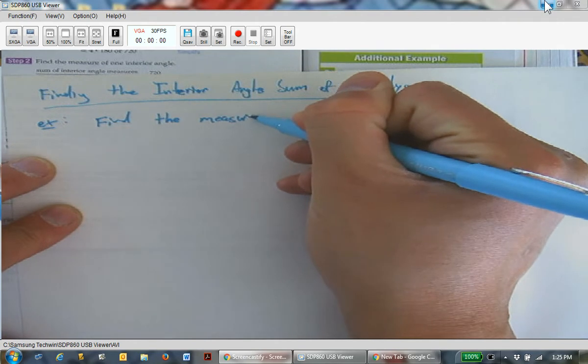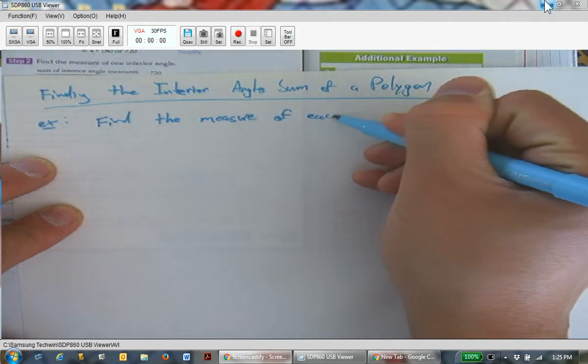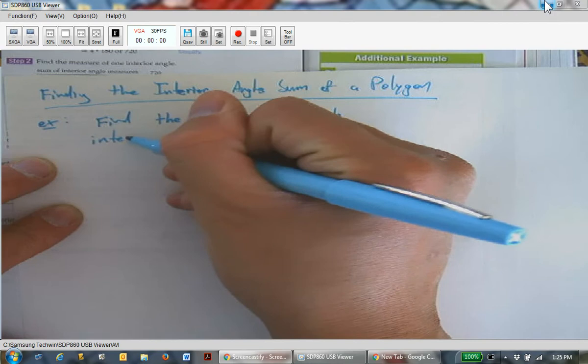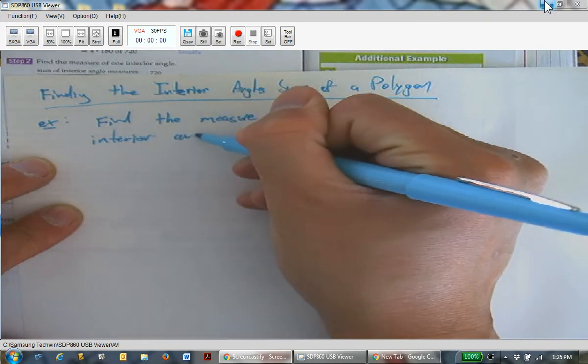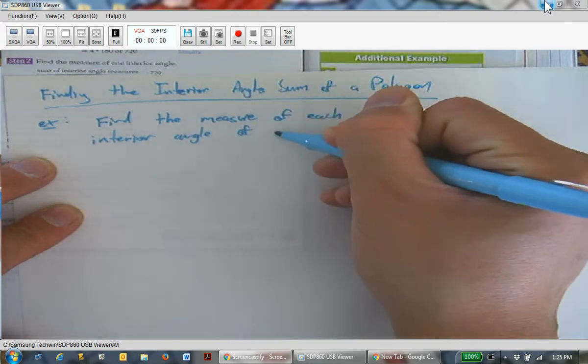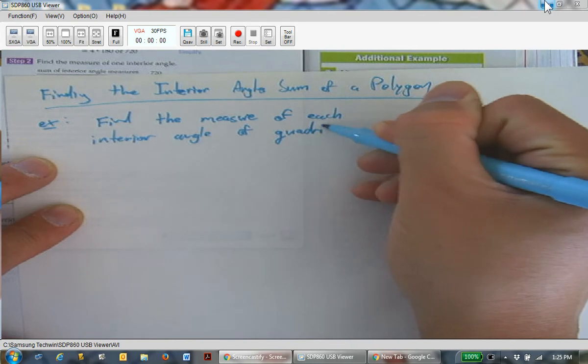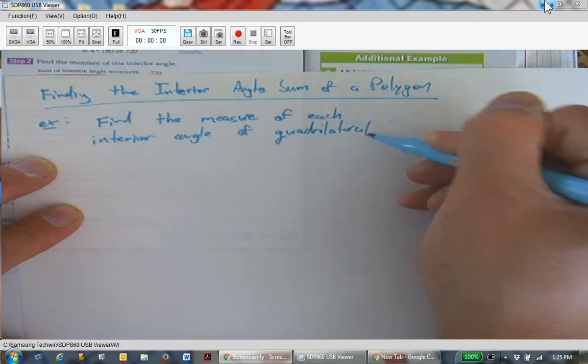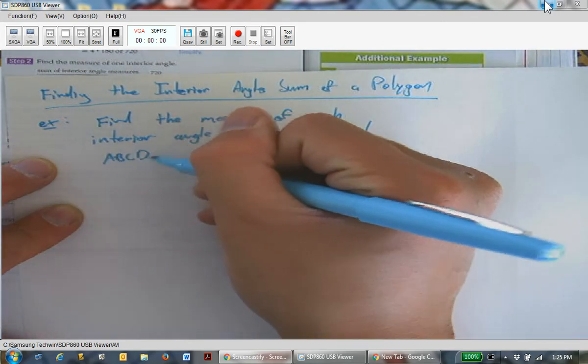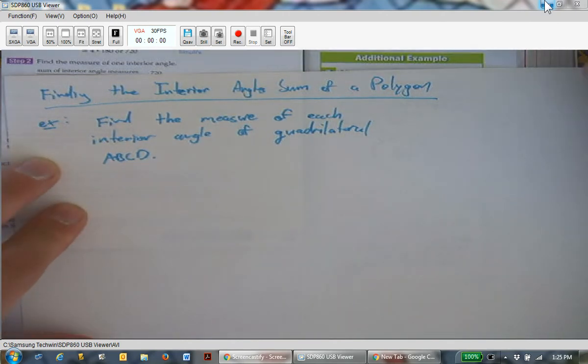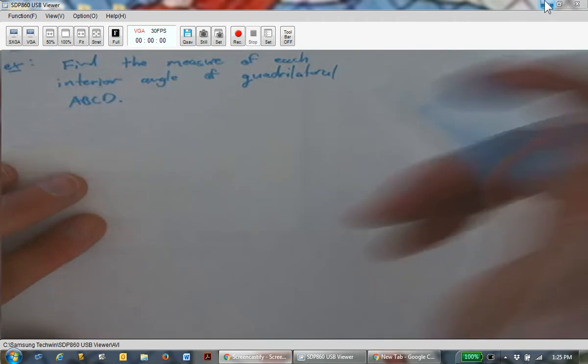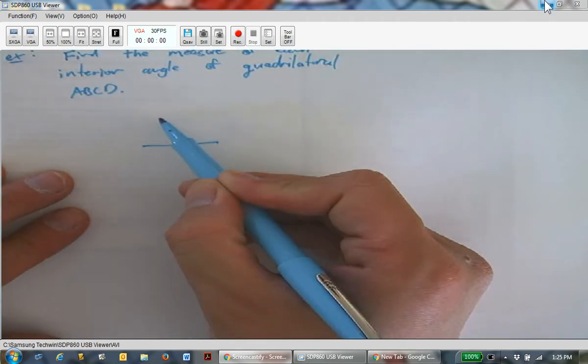Find the measure of each interior angle of quadrilateral ABCD. If you hear quadrilateral, how many sides are you thinking that they're going to be? Yeah, there's going to be 4. Here's what it's going to look like.